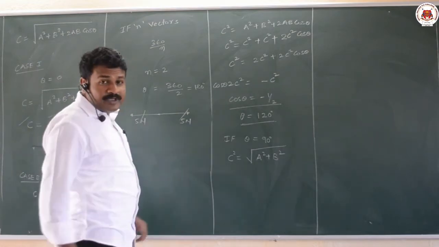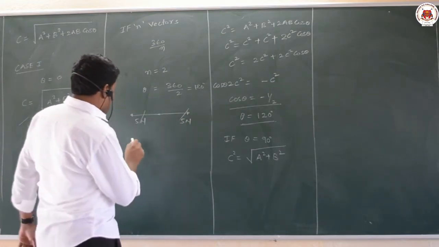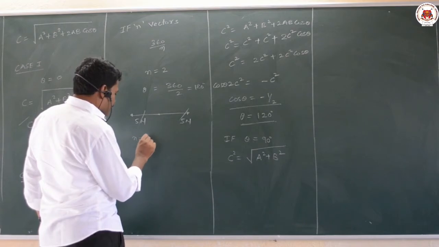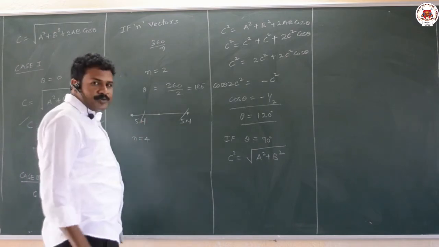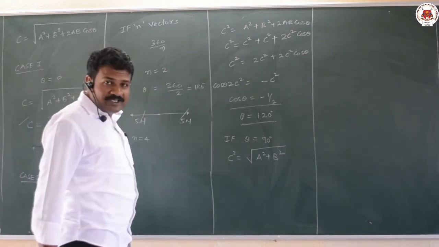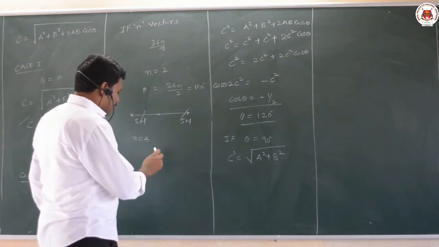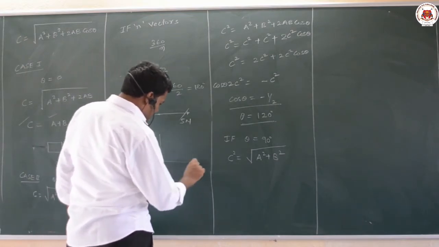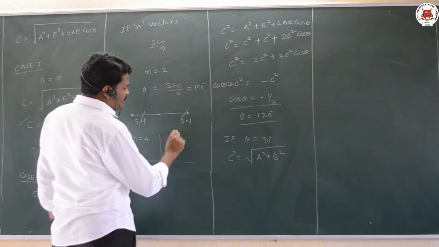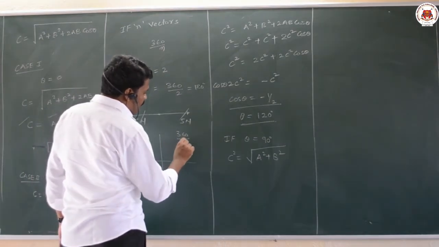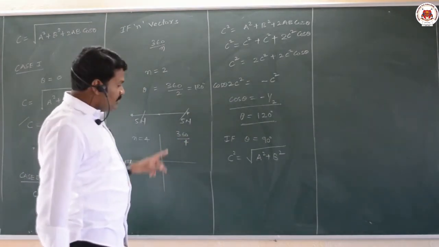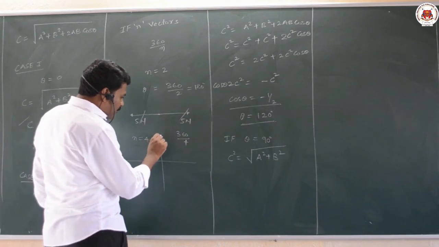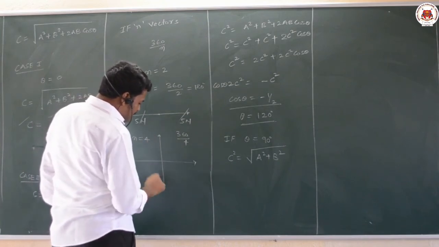Next case, I will take n is equal to 4. For your easy understanding, I am taking n is equal to 4. n is equal to 3 also will work like that, but just for understanding I am taking 4 equal vectors. At what angle do they have to be oriented? 360 by 4, that means 90 degrees.